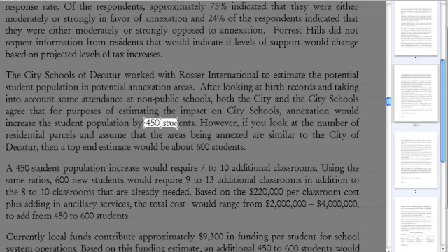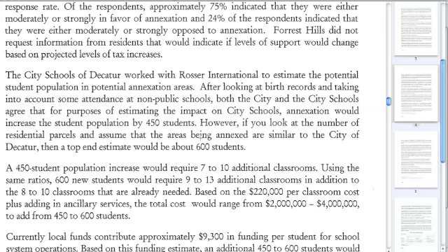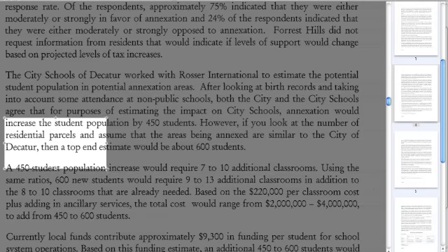Now, we have talked in an old video, Pat Harrell did a video, which I encourage you to look at, on this study by Rosser, and we sat down with folks from Rosser, and for various reasons, including a change to the map since the time they did the study, that is what areas were going to be annexed, Rosser revised that number significantly upward. But the thing that I want to focus on here is this next sentence.